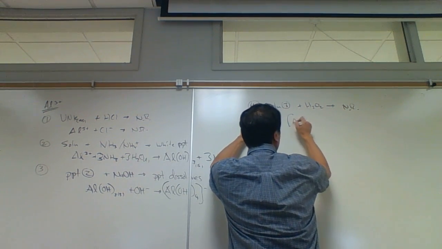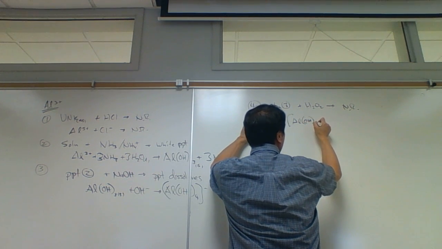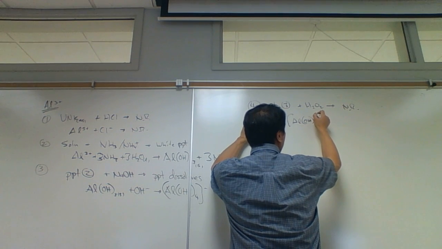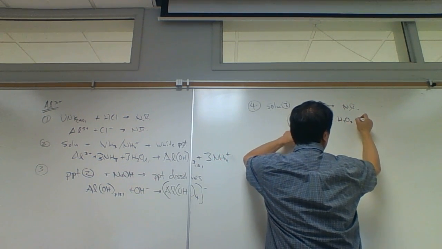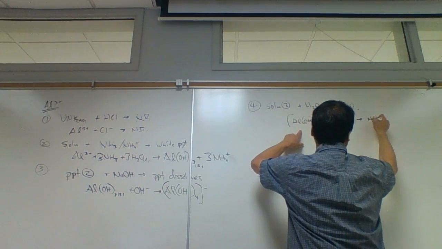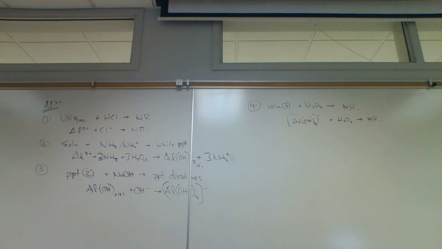That is the tetrahydroxoaluminate plus the hydrogen peroxide. Aluminum plus 3 is already oxidized, and hydrogen peroxide does not oxidize water, at least at these concentrations.